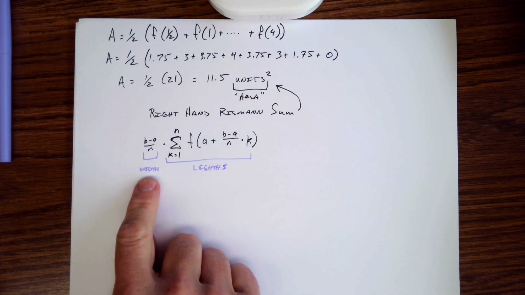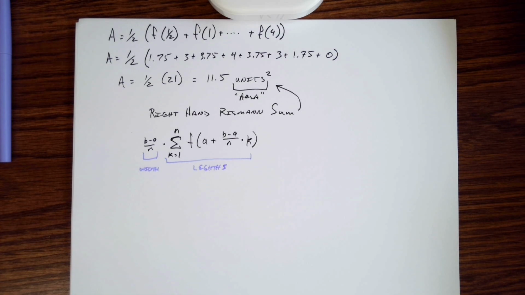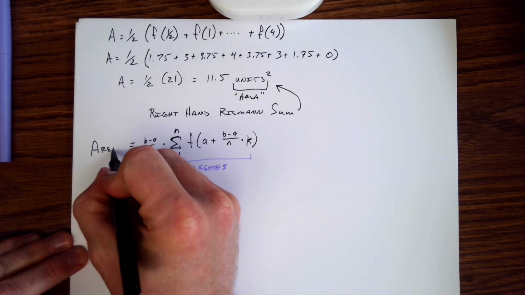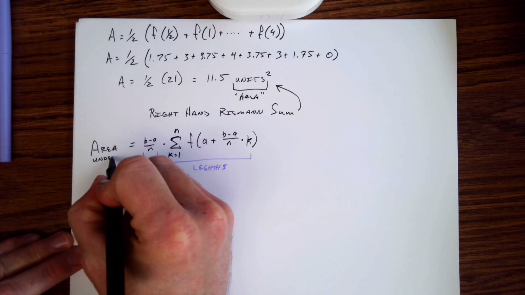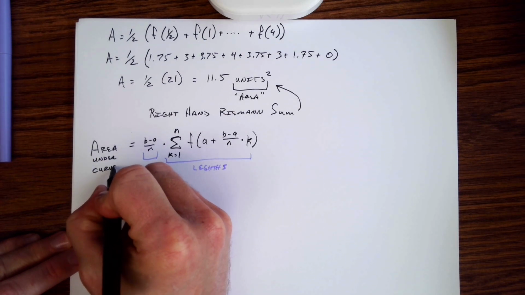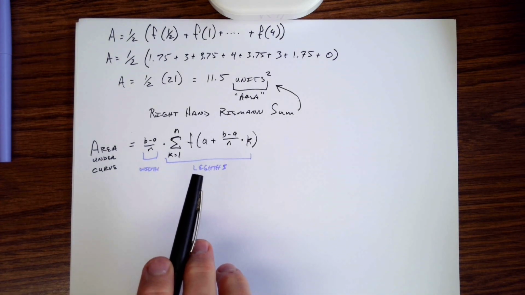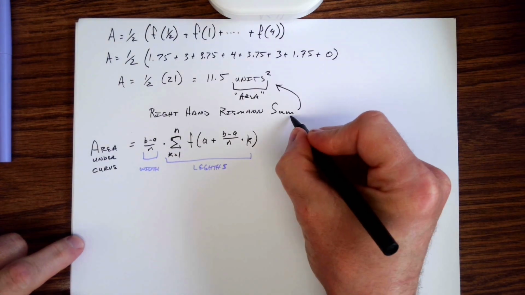One width times all those lengths added together gives us the area under the curve. Maybe more particular to say the area between the curve and the x-axis, however we want to state that. But that's what we just did there.